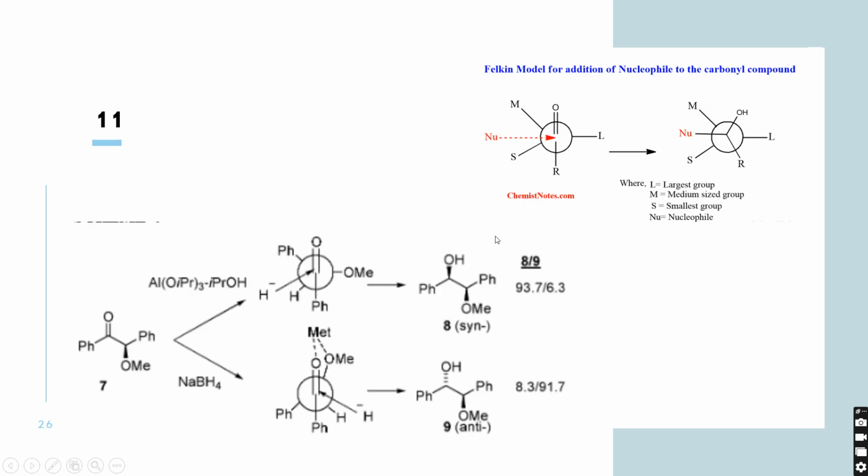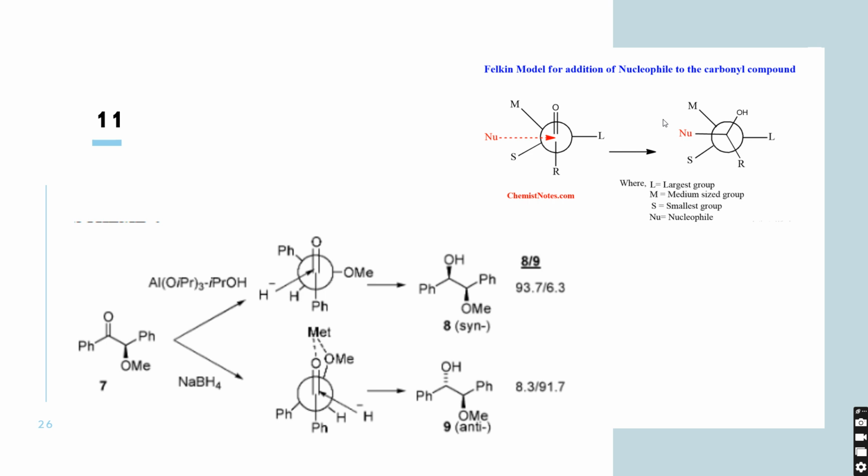So this comes from the Felkin model. If you do not have much knowledge about the Felkin or Felkin-Anh model of nucleophilic addition, you can go through the video lectures of the course Introductory Organic Chemistry.